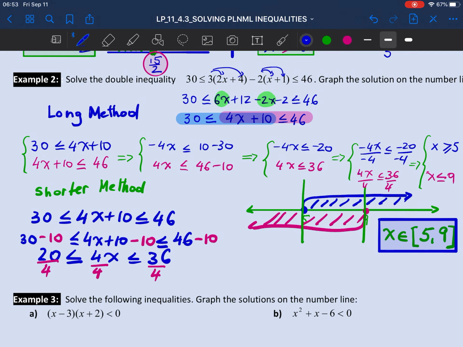So 20 divided by 4 is 5. In the middle, we'll have x. On the right, we'll have 9. And there we go. We got the same solution as in the previous one. So we're kind of condensing the steps in here. That's what makes this method shorter.